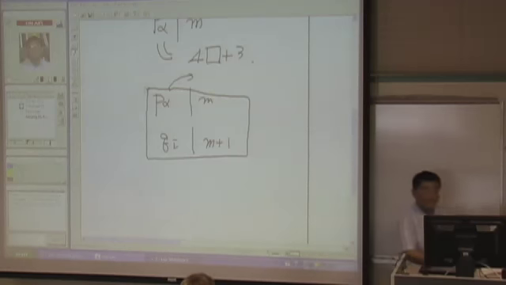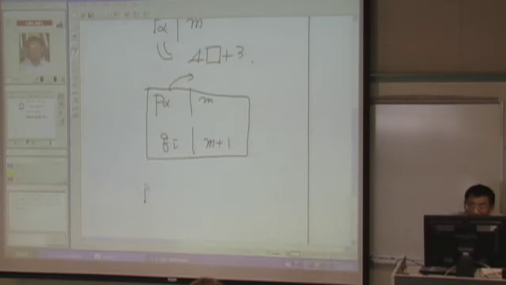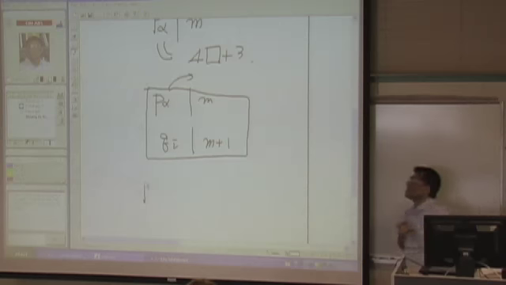Then let's finish it. Because P alpha divides M, Q sub i divides M plus 1, so what can you say? Anything is possible, but what can you say?